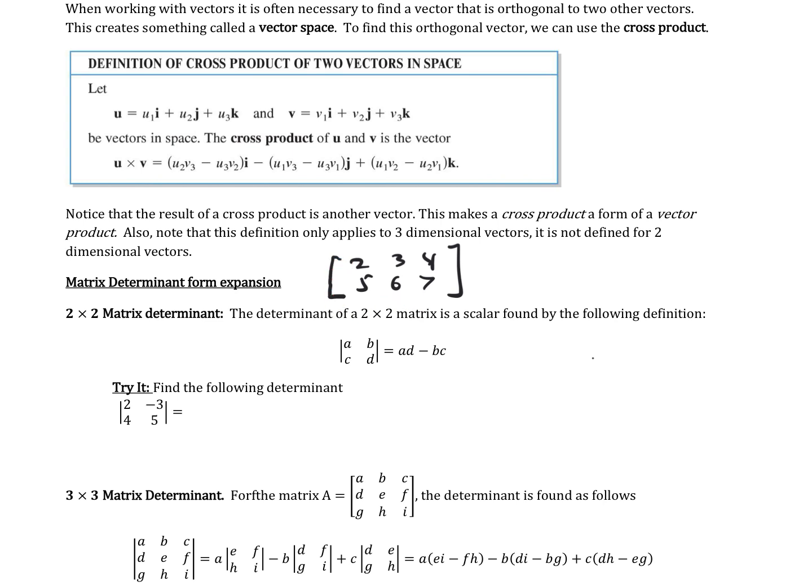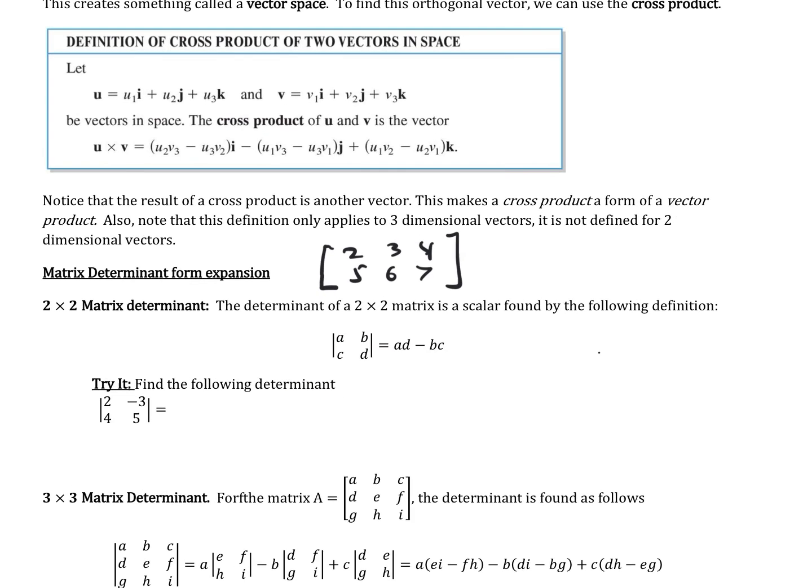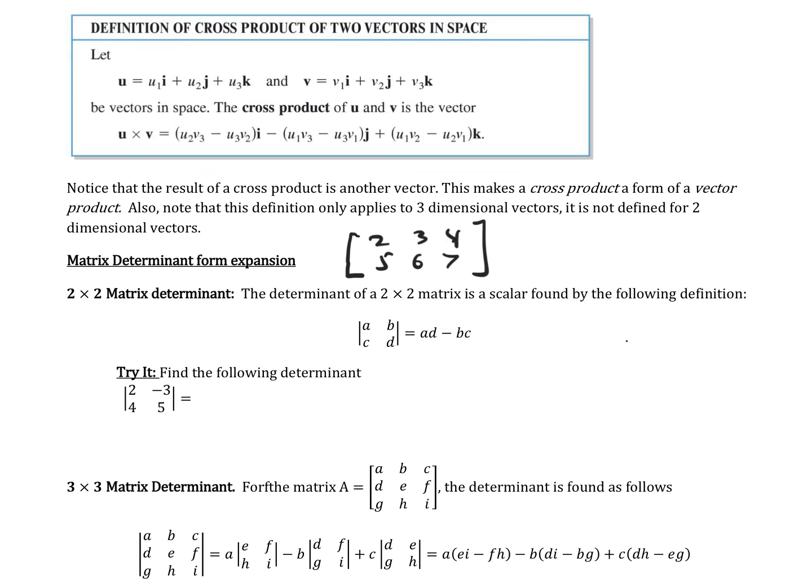This is a 2 by 3 matrix because there's two rows and 3 columns. Well, when we have a 2 by 2 matrix, we got something called a determinant. And this only happens when we got square matrices. So the determinant is a special number that's used for quite a few things, finding inverses and such.